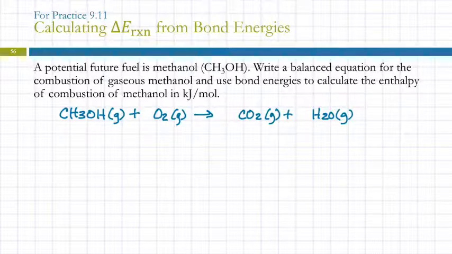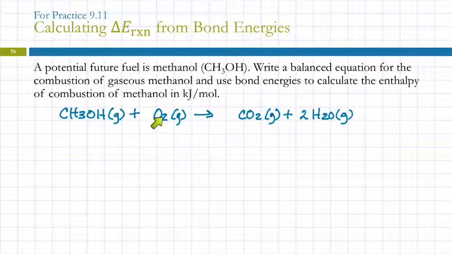So now we need to balance this equation. So here we've got one carbon, and there I've got one carbon. And over here I've got 4 hydrogens, right? And over here I've only got 2. So I could put a 2 in front of water, and now I've got 4 hydrogens. Then I have to check out the oxygens.